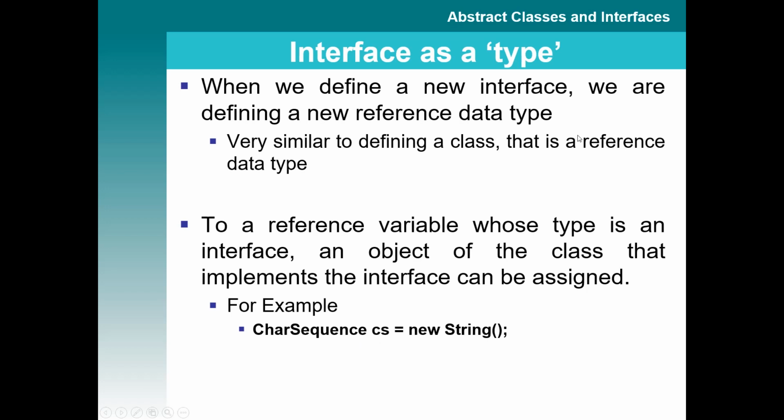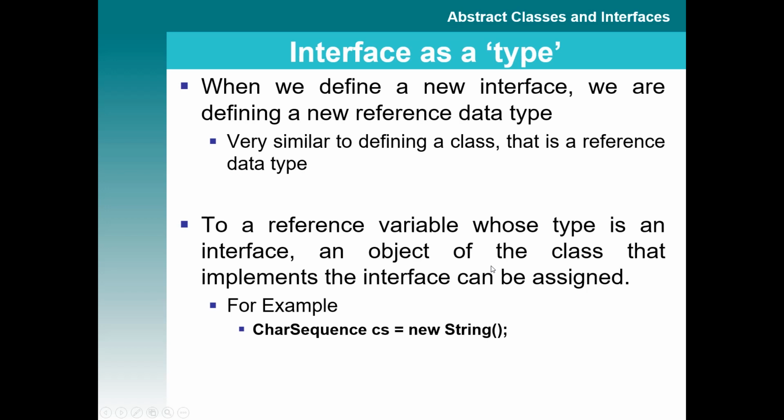But since an interface contains abstract methods, it's incomplete. You cannot create an object out of an interface. But a reference of the interface type can be used to hold an object of any class that implements the interface. So if our String class implements CharSequence, then a reference of type CharSequence can be used to hold an object of type String.